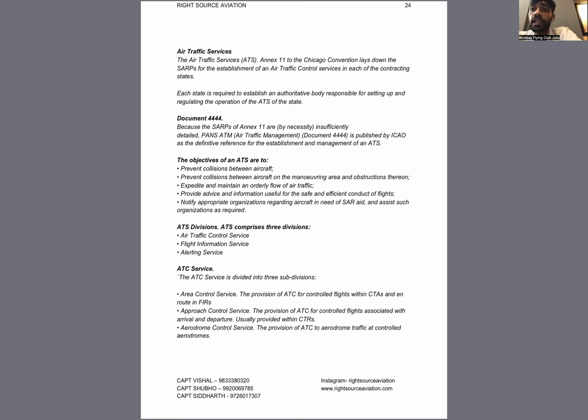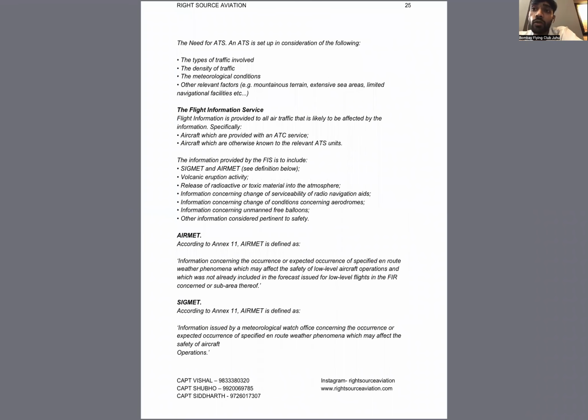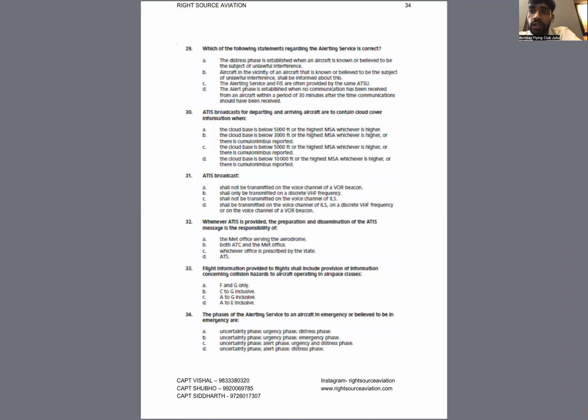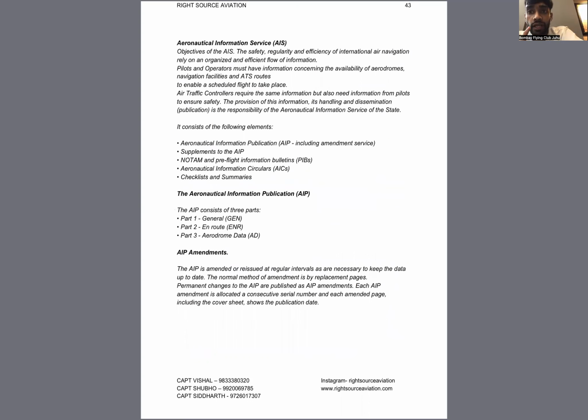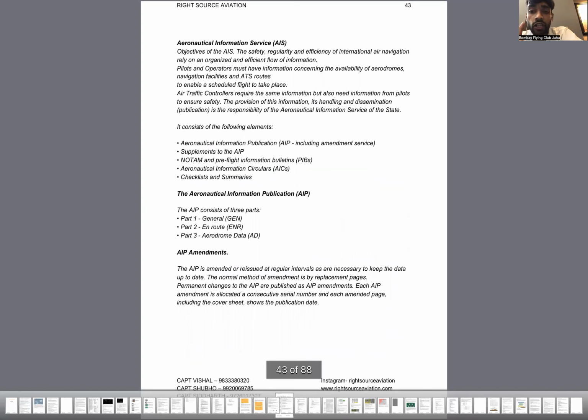Thereafter, another new chapter that we studied was aeronautical information services, which we did in the previous lecture. How many types of aeronautical information services are there? Can anyone tell me? Aeronautical Information Publication. That publication is a book that has three parts: general, en route and aerodrome, which we saw on the website.